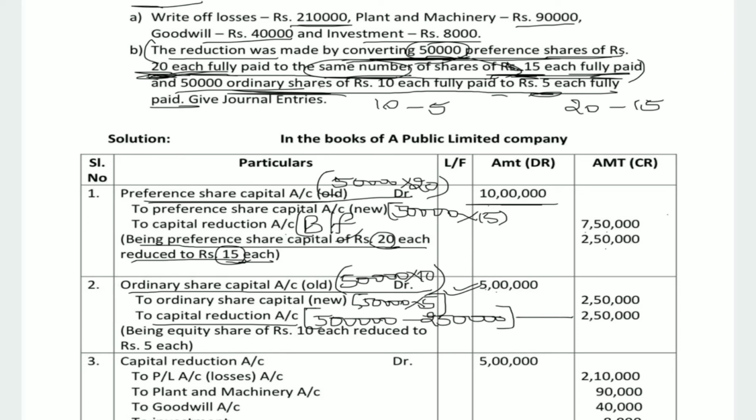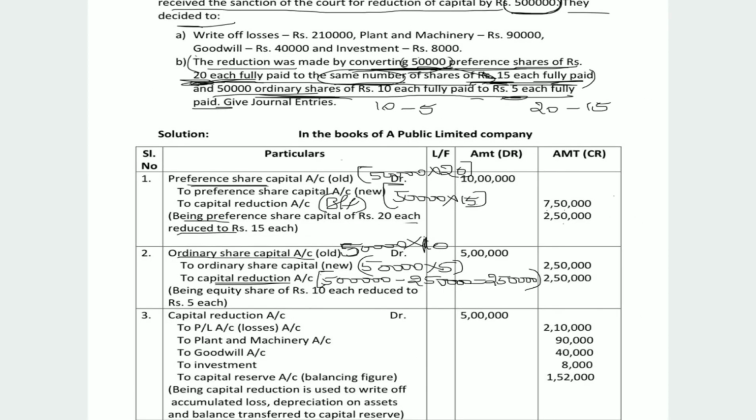So the narration will be: being equity share of rupees 10 each reduced to rupees 5 each.